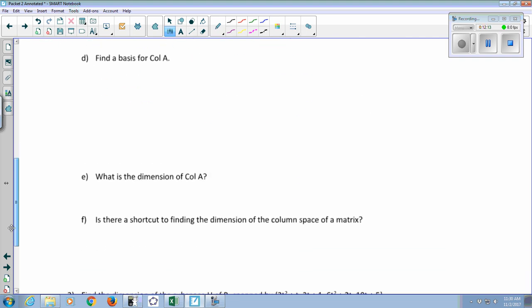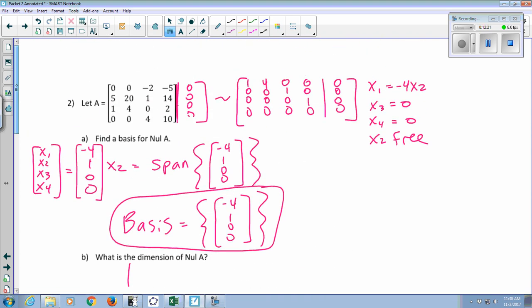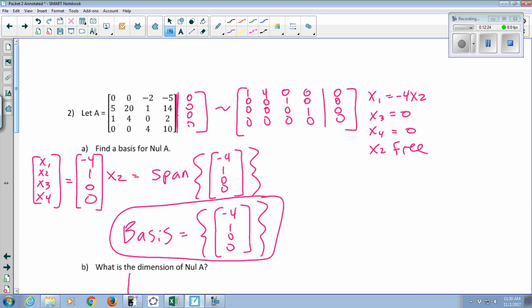All right, let's look for a basis for the column space of A. If you remember from a few classes ago, the way you find the column space is you identify the pivot columns and you grab them from the original matrix A. So I've got pivot columns 1, 3, and 4. Column 2 is a free variable column. So pivot columns 1, 3, and 4, grab 1, 3, and 4 from the original matrix.